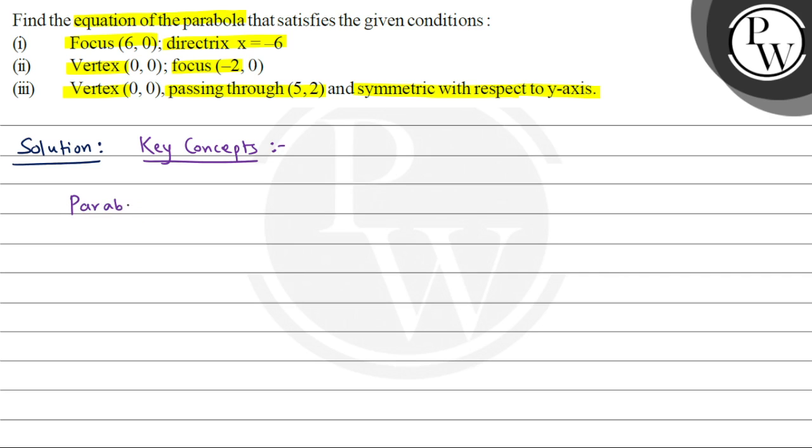If the parabola is of the form y square equals 4ax, or y square equals minus 4ax, or x square equals 4ay, or x square equals minus 4ay, right? These are the four types of standard parabola, and for each of them we will discuss the points that have been given to us.